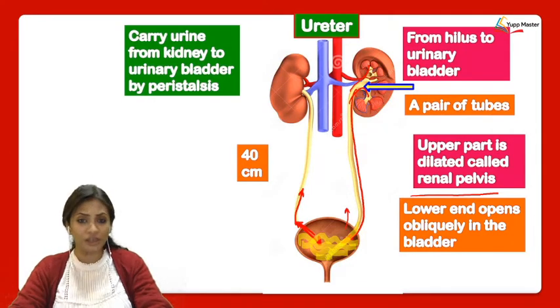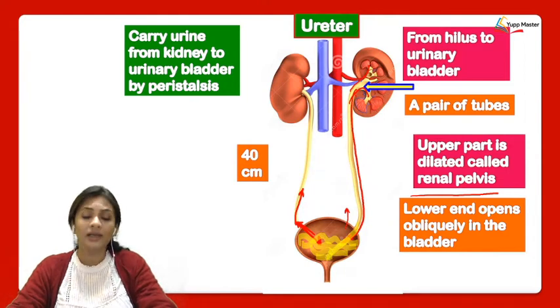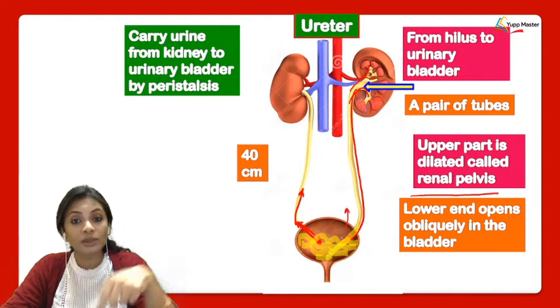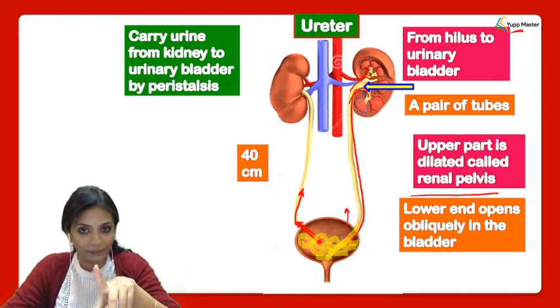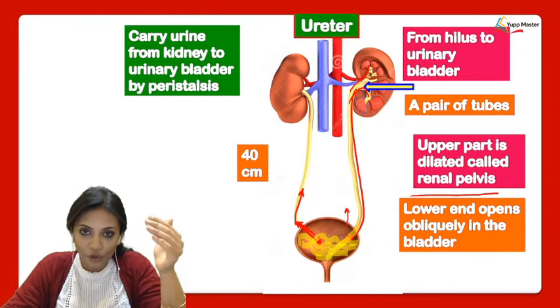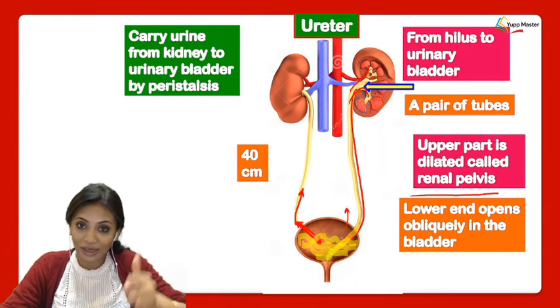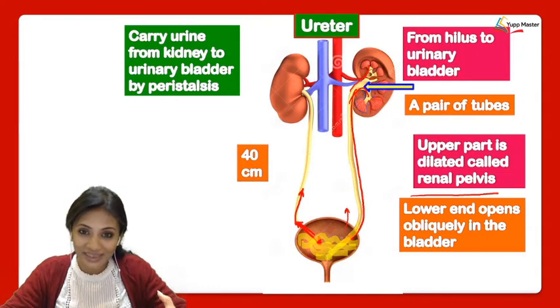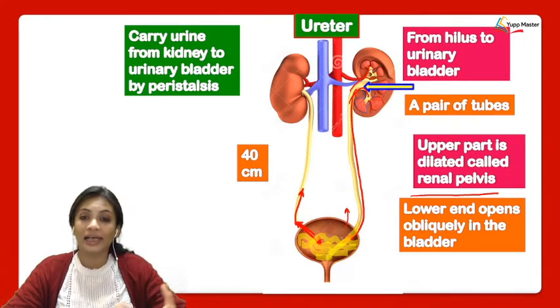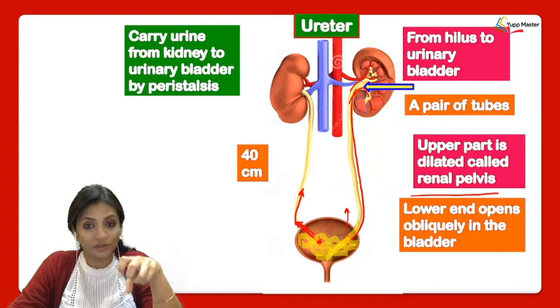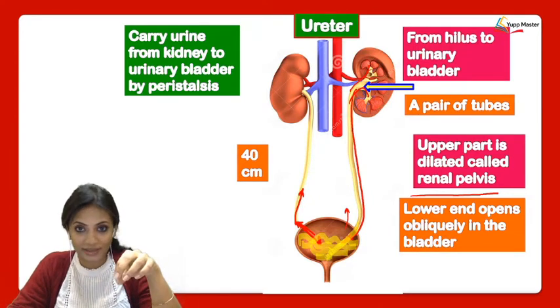So the basic function of the ureters is to carry urine from the kidneys to the bladder. But remember one thing, the urine that falls from the kidney to the bladder is not falling down by gravity. What is it that's taking that urine down, helping it to be collected in the bladder? It is alternate contractions and relaxations.